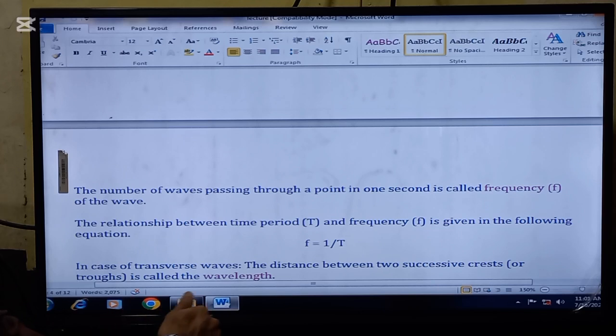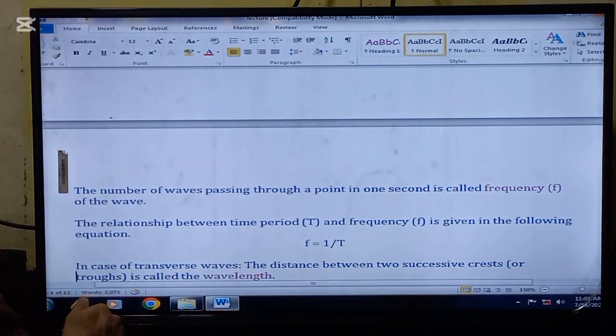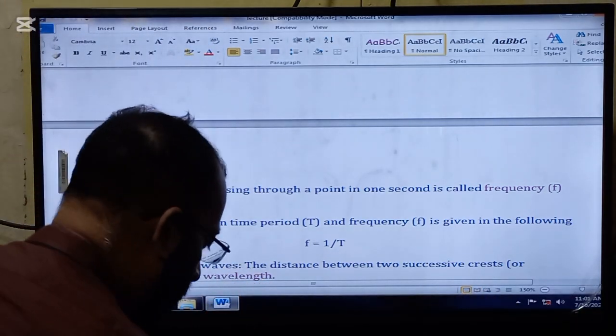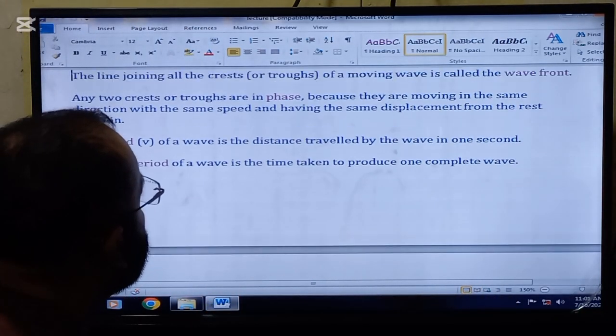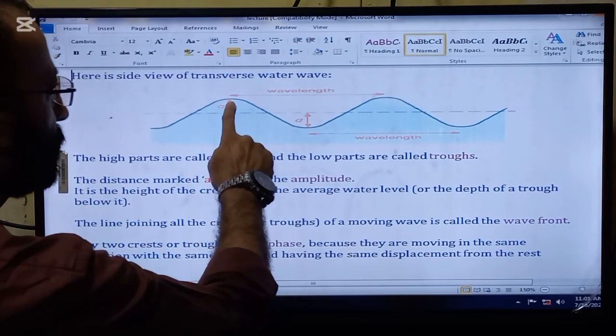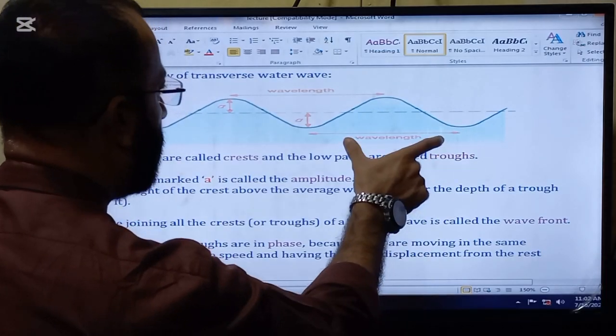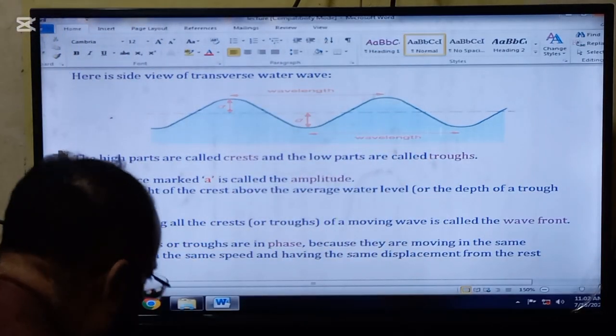In case of transverse waves, the distance between two successive crests or troughs is called the wavelength. So here you can see the distance between two successive crests or two successive troughs is called the wavelength.